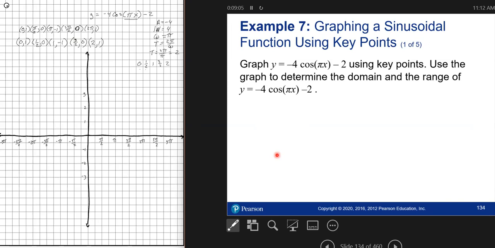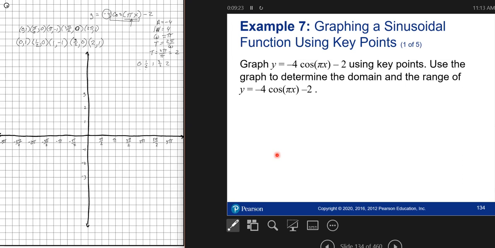The next thing that happens is we're multiplying. That gives us our y values for these x values. So now we're going to multiply each y value by -4. So instead of 0 going to 1, now 0 goes to -4. 1/2 does go to 0, because -4 times 0 is still 0.